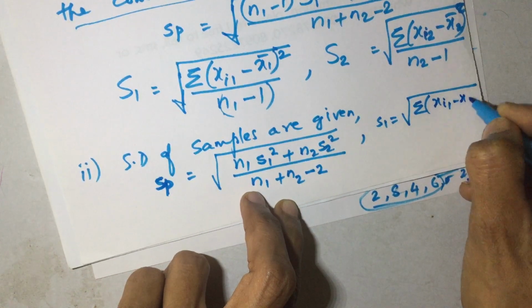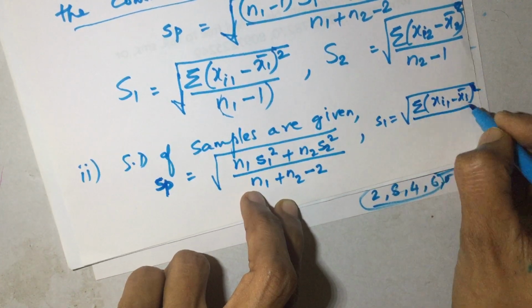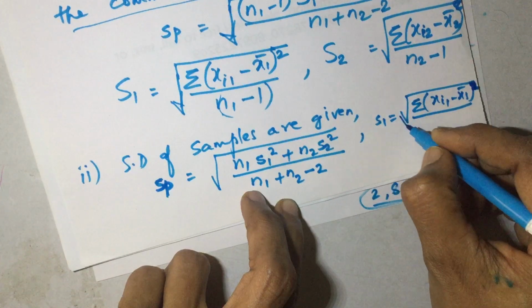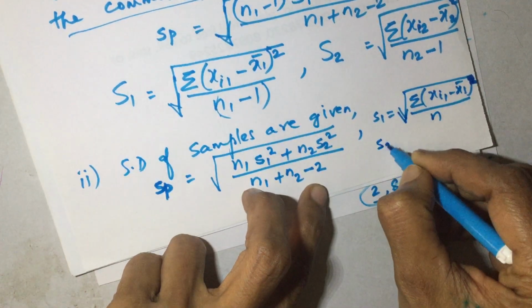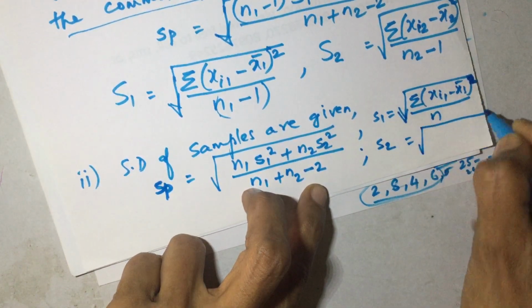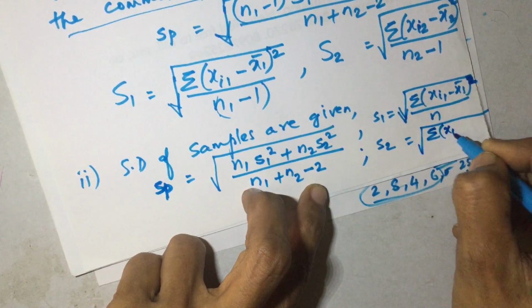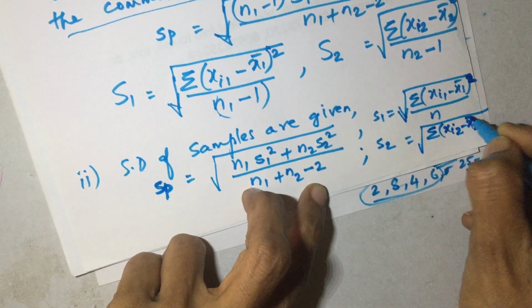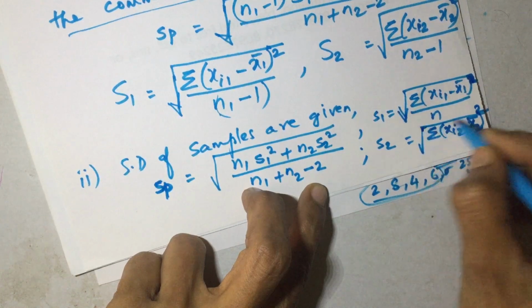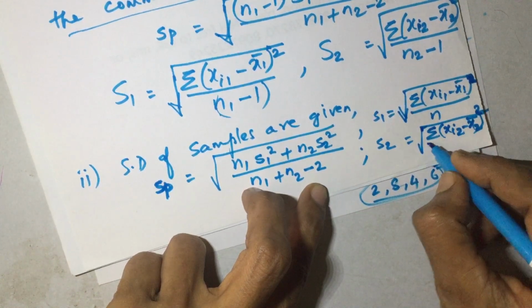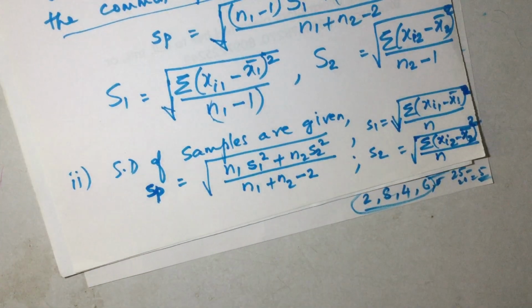So summation xi1 minus x1 bar the whole square divided by n1, and s2 is under root of summation xi2 minus x2 bar the whole square. The square is under the root. Okay, the space is not there, so I am adjusting like this.